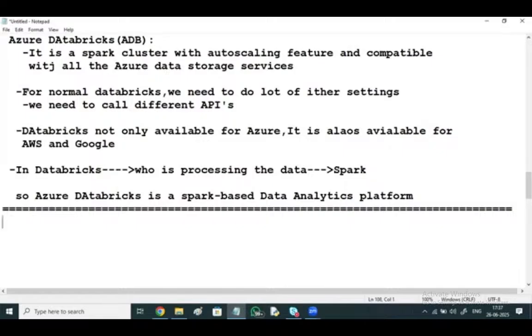So define Spark. Apache Spark, I define in 5 lines.